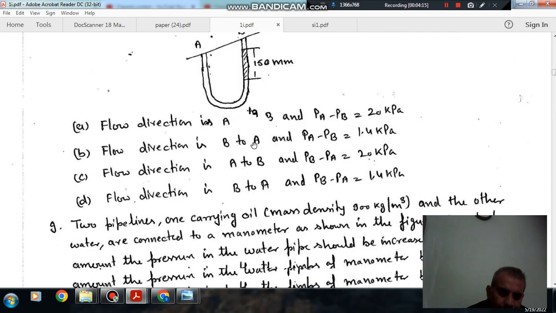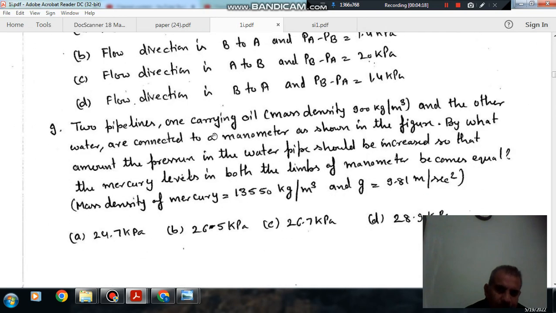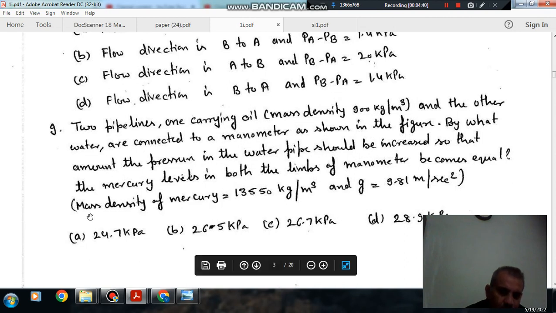Next, two pipelines, one carrying oil of mass density 900 kilogram per meter cube, and the other water, are connected to a manometer as shown in the figure. By what amount should the pressure in the water pipe be increased so that the mercury level in both the limbs of the manometer becomes equal?